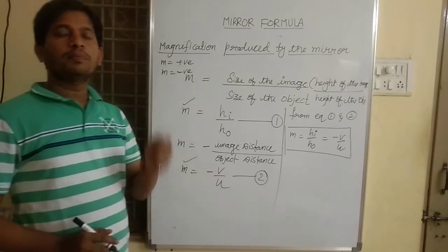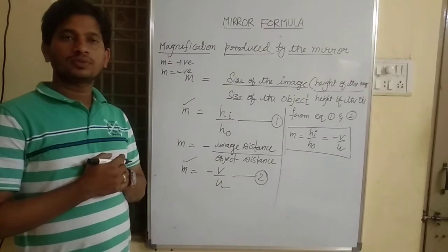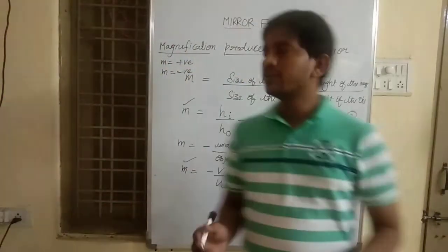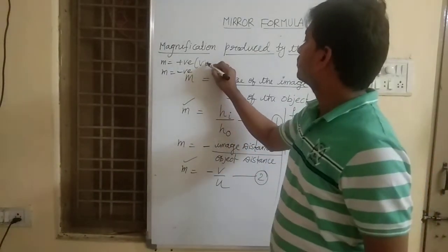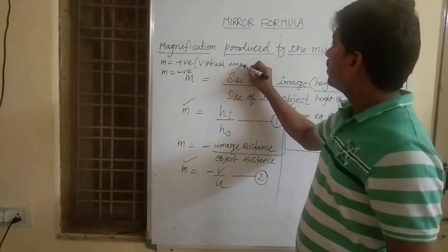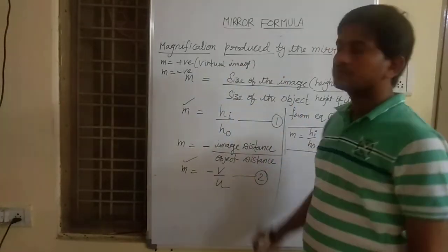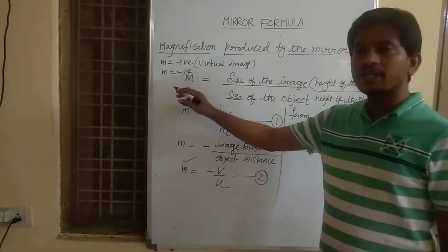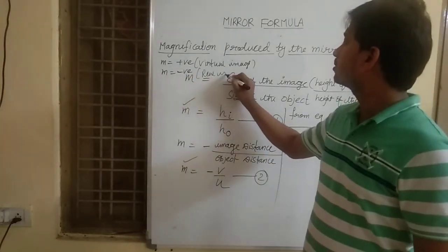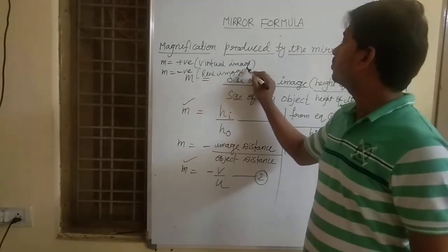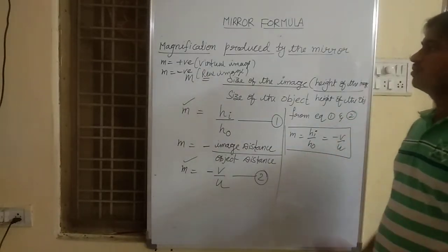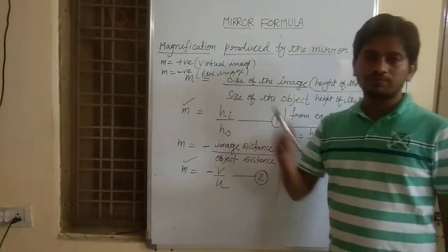If the magnification produced by a mirror is positive, it is a virtual image. If the magnification produced by the spherical mirror is negative, then it is called a real image. These 2 points you have to understand: why magnification is positive and why magnification is negative.